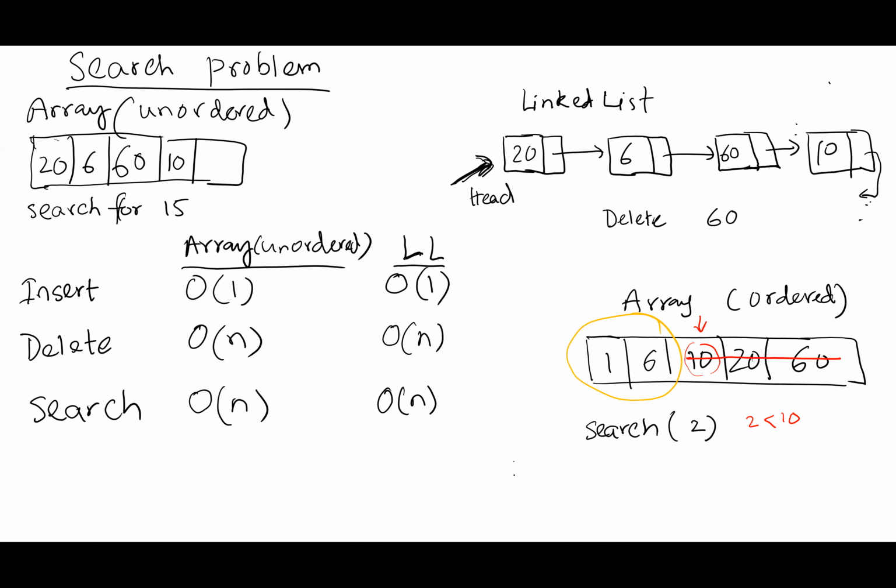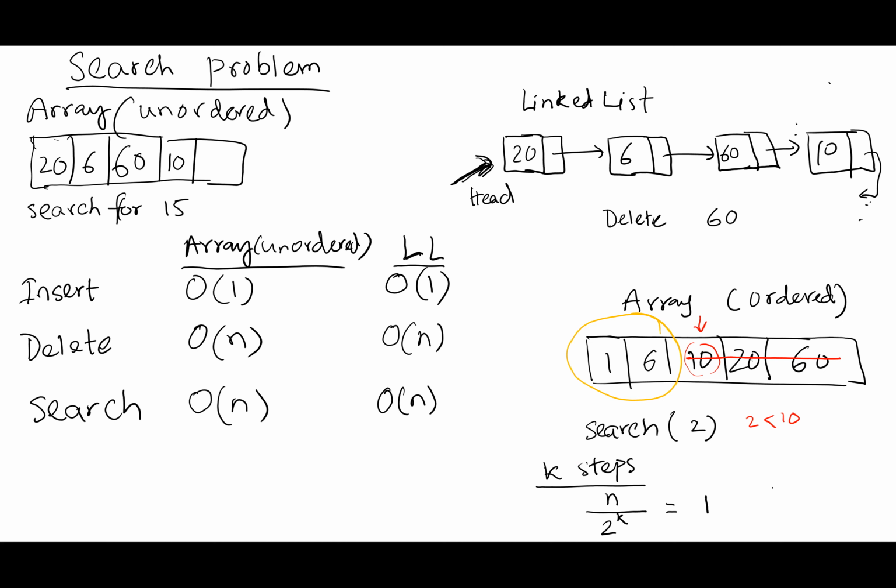So if there are k steps before I come to the decision, and initially there were n numbers, and every time I was dividing the search space by 2 until the search space becomes 1, right?